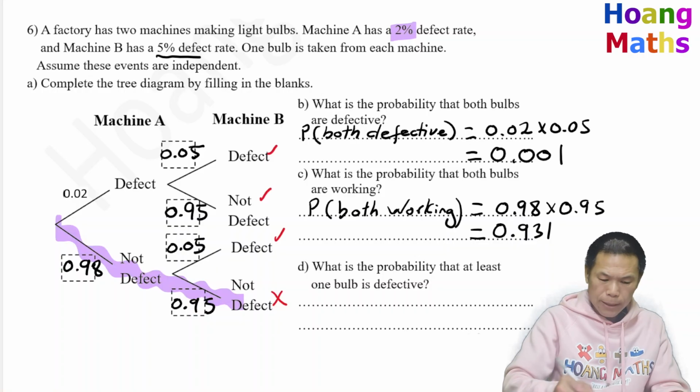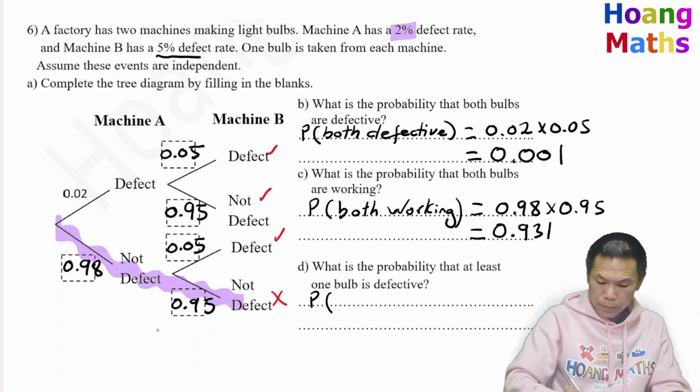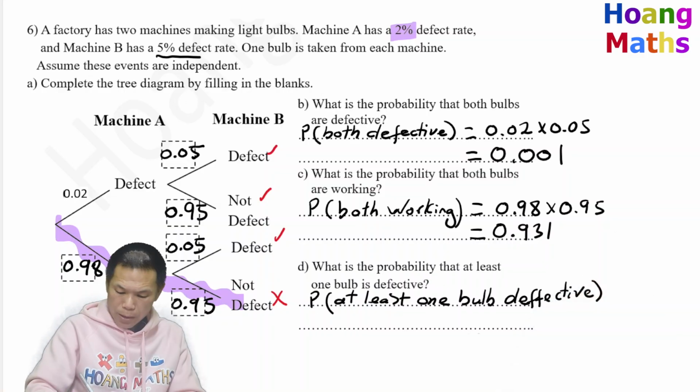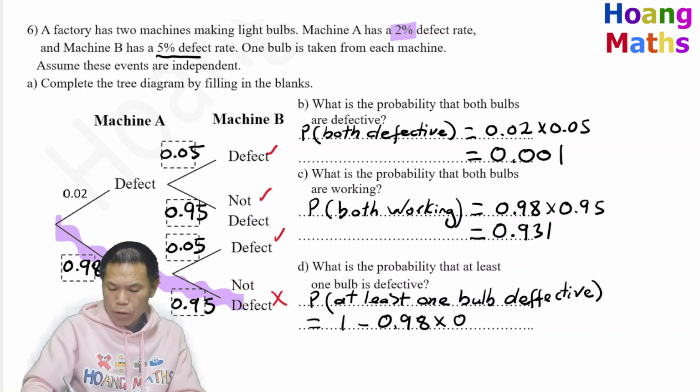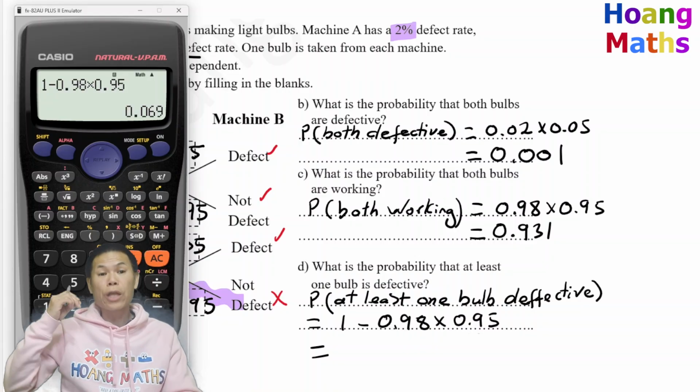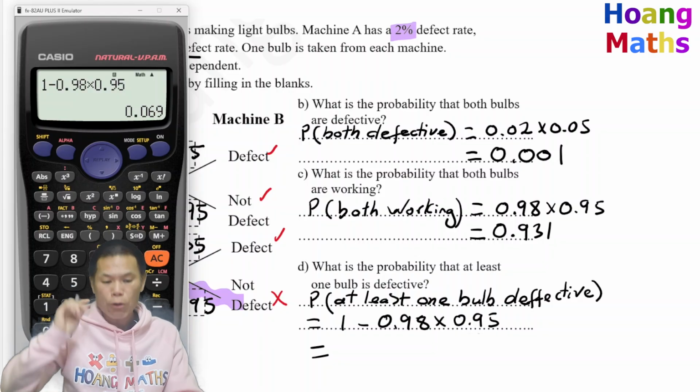So the probability is 1 minus 0.98 times 0.95. So there you go, 0.069.